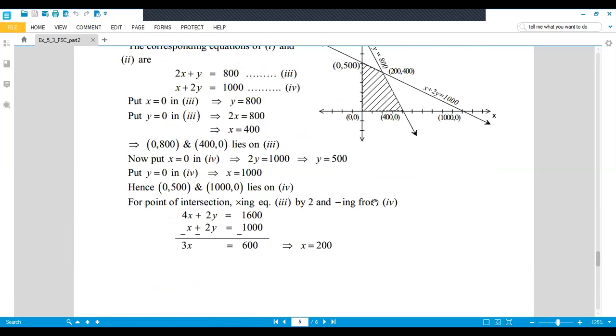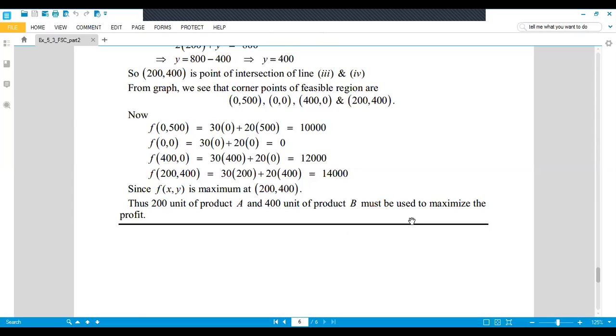Now which are the corner points? (0, 0), (400, 0), (200, 400), and (0, 500). These 4 points we put one by one in the objective function. When we put them in, the values are 1000, 0, 12,000, and 14,000.